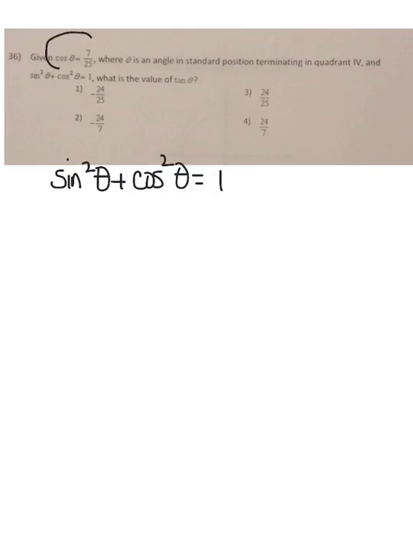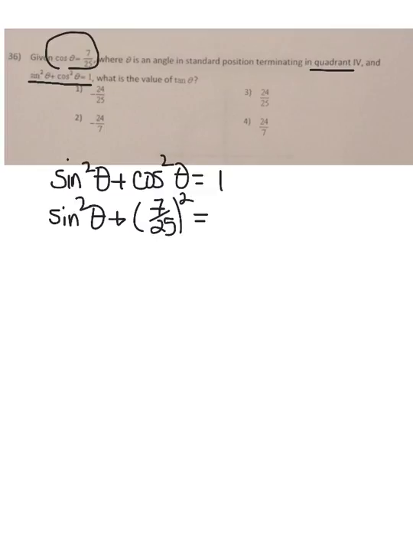So they gave us a cosine value. They gave us the Pythagorean identity. And again, I'm just going to plug that in. Now it does ask for tangent, which is a little bit different, but again, I will get back to that. They also talk about quadrant 4. I'll get back to that as well. So they tell us to use this formula, so I'm just going to start with that. So I have sine squared theta plus 7 over 25, that quantity is going to be squared, equals 1.